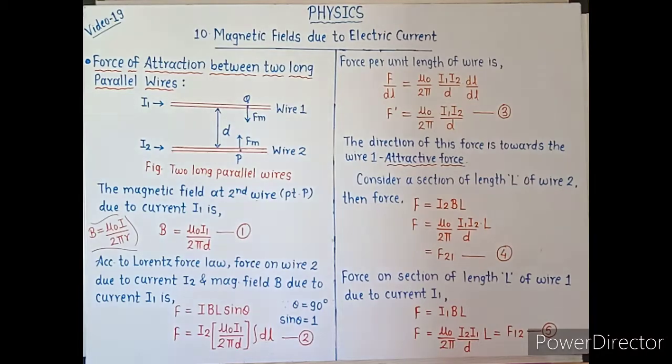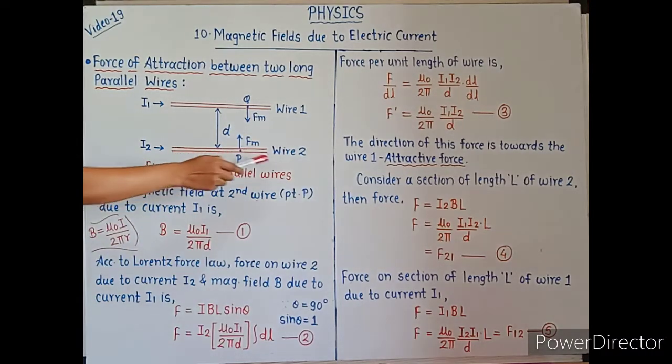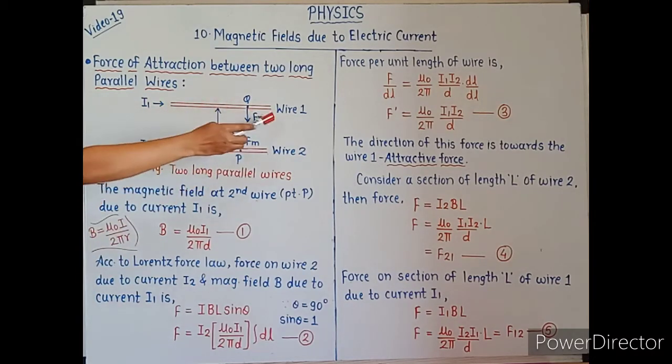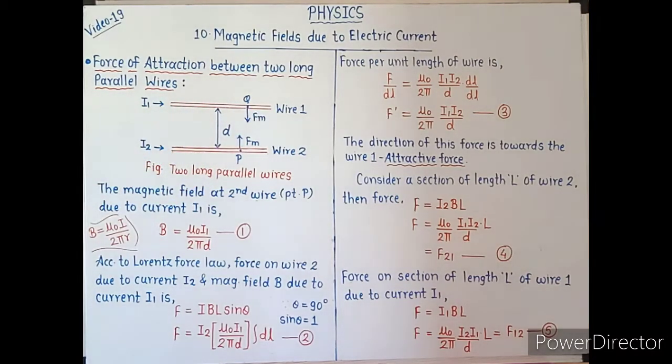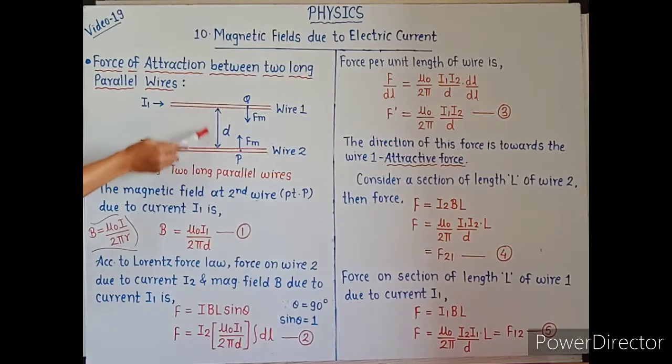Now we know that the magnetic field produced by an infinitely long straight wire is given by the formula B is equal to mu 0 I upon 2 pi r. Now we have to calculate the magnetic field at wire 2, that is at a point P, due to the current I1 in wire 1. The current flowing in wire 1 is I1 and the distance between the two parallel wires is small d.